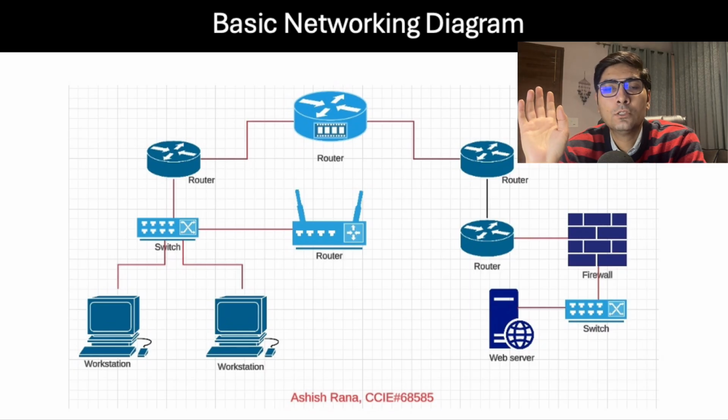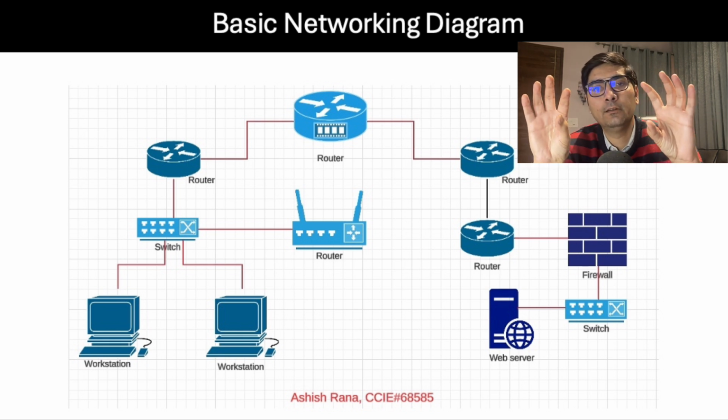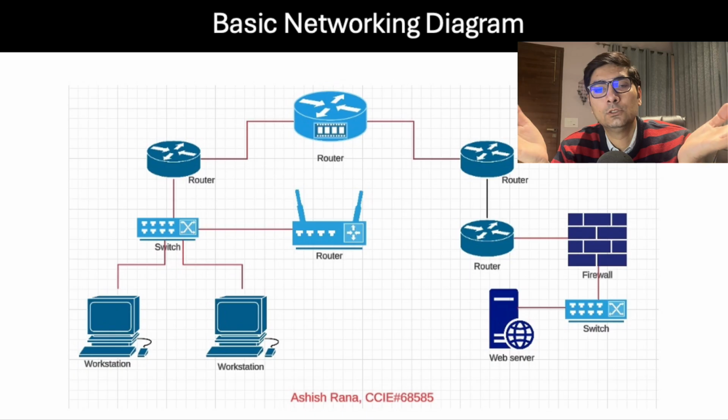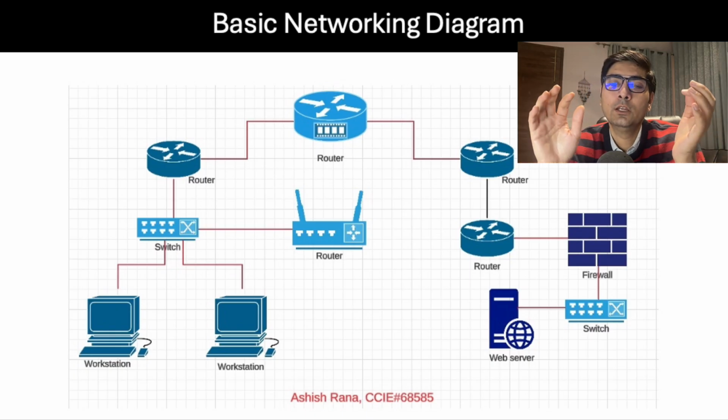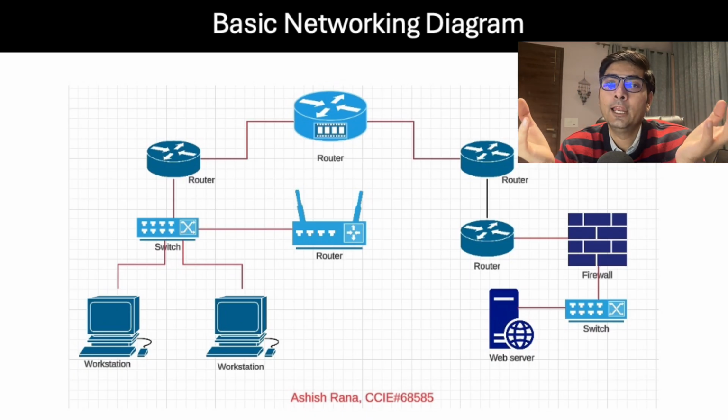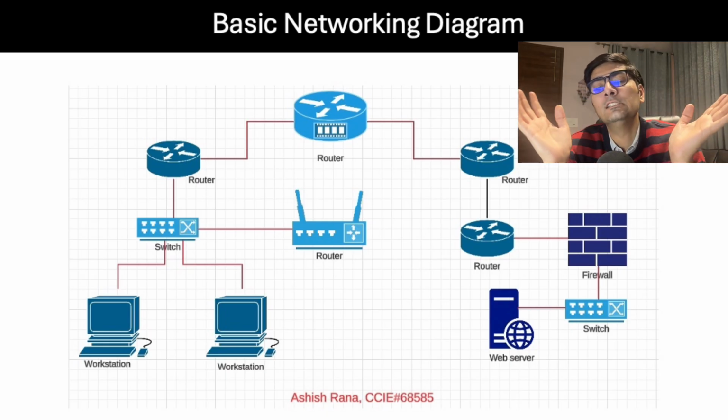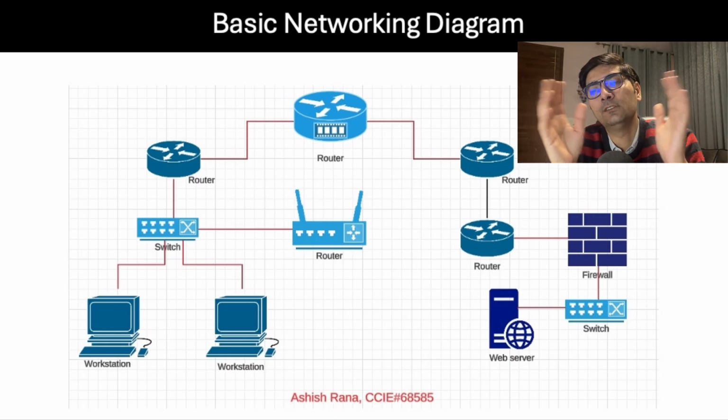Okay, so if you have an office which has multiple VLANs, multiple buildings, so one building can have one LAN, another will have a separate LAN, right? So they will have different networks. So you need to have a router which will let multiple networks communicate with each other. Okay, this is the first thing.